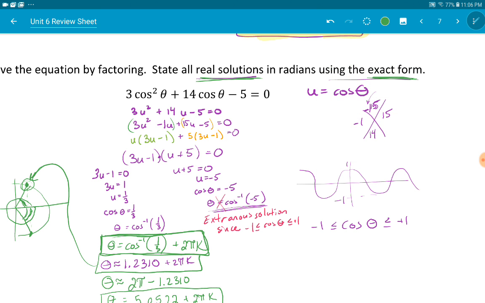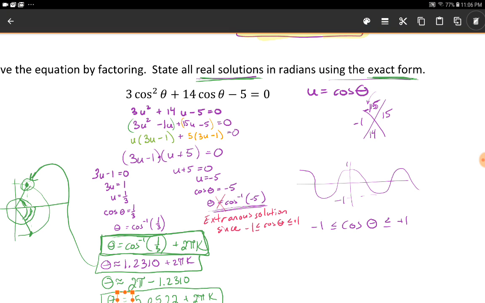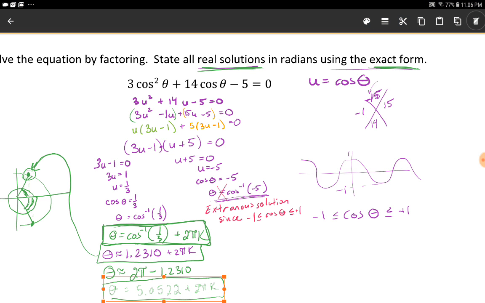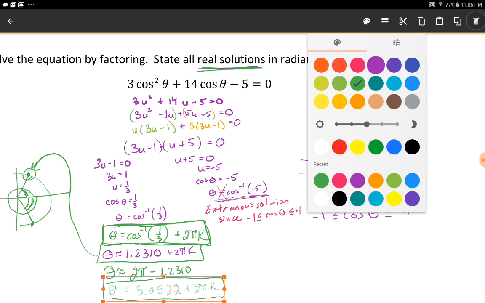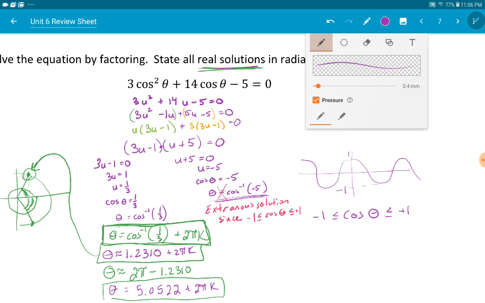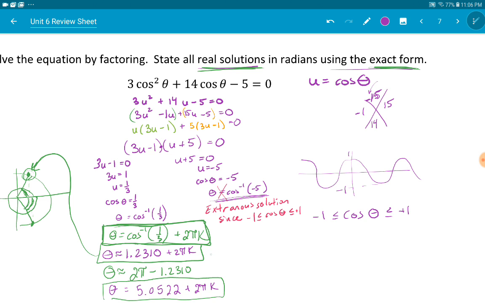So there's 2 solutions there. Since I wasn't able to use the unit circle to find an exact answer without using the trig function, I did go ahead and use my calculator to estimate. All right, so these are my estimated.